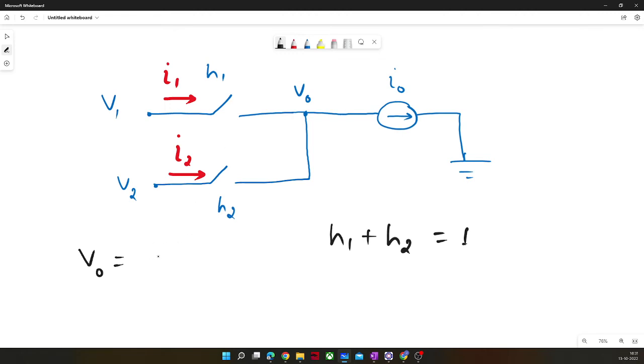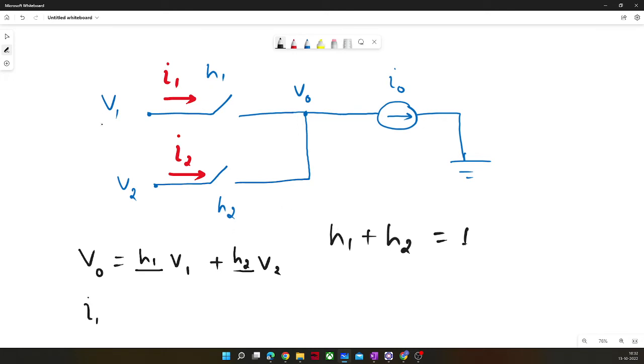Now you can tell me the expression of Vo in terms of V1 and V2. Yes, you are correct: H1 V1 plus H2 V2. So that's it.